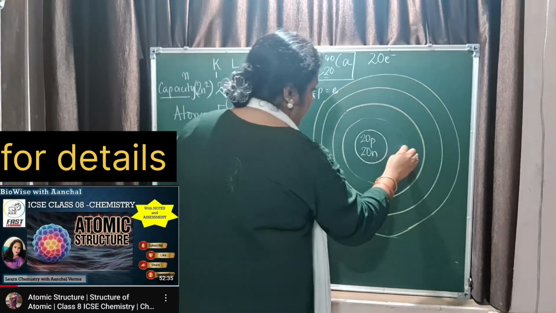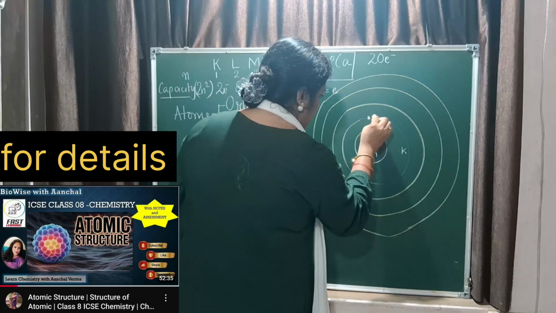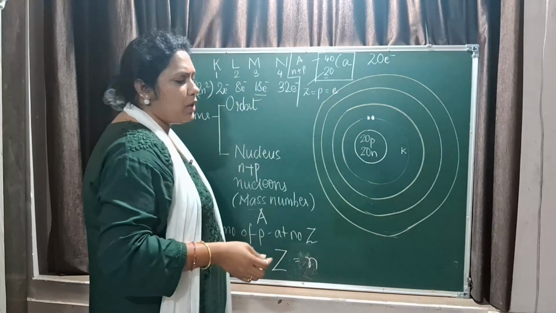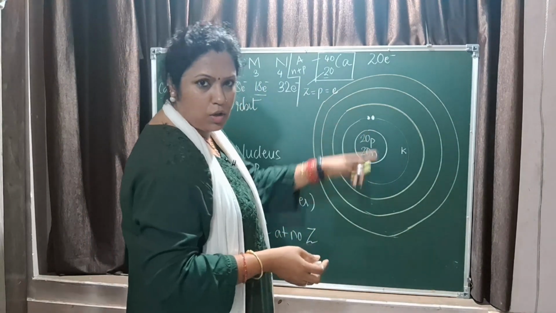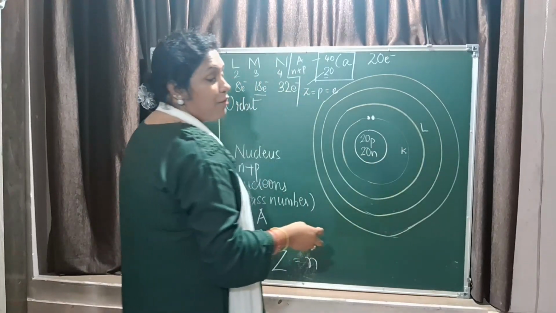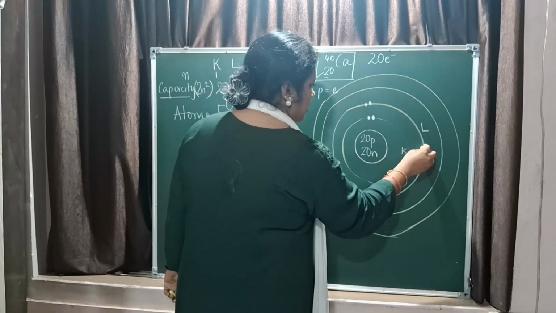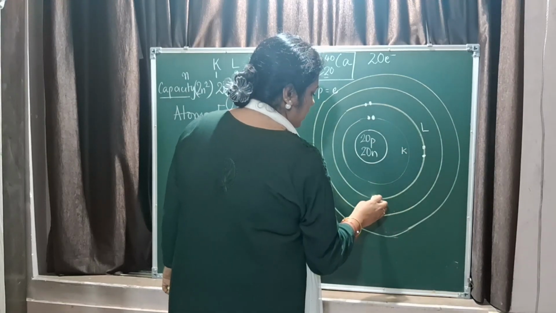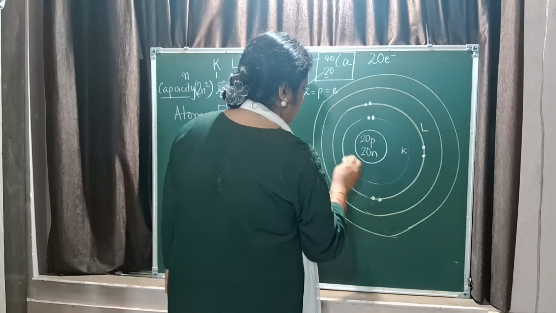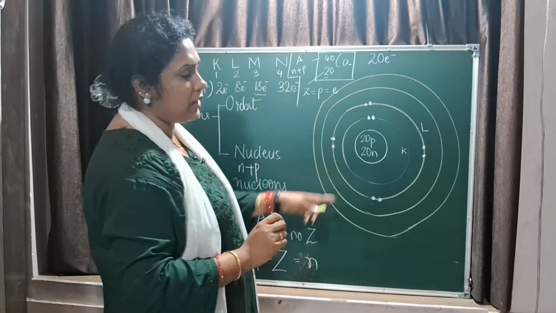The first shell K has a capacity of 2, so I have made 2 electrons here. You can make it 2 here or in the opposite direction, that's fine. Then the L shell has a capacity of 8, so 2 plus 8, total 10 done.